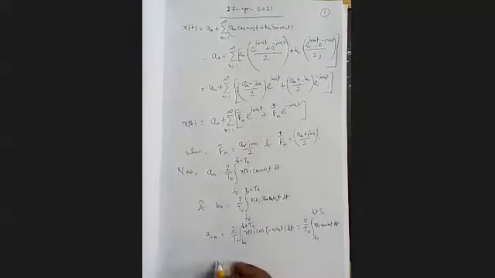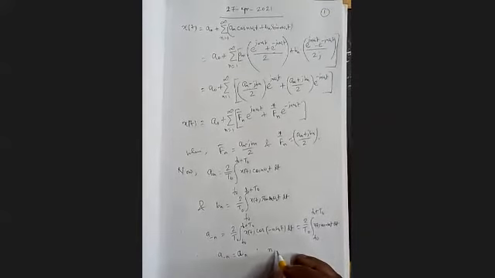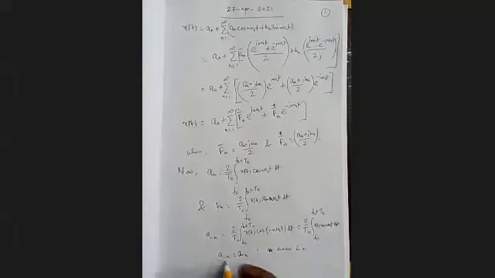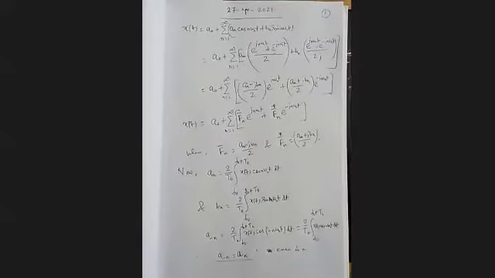It is an, therefore we can write a minus n equal to an. So it is an even function. It is even in n. So an is even in n.